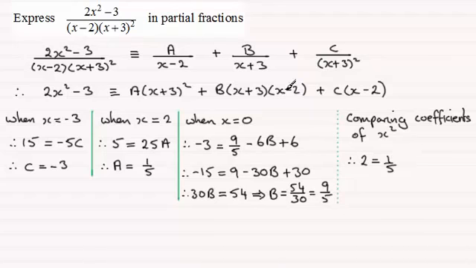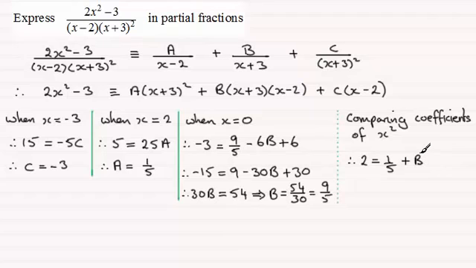When we expand these two brackets, we're going to have x times x, which is x squared. There'll be other terms as well, but not x squared terms. Multiply it with the b, so we just end up with b as being the coefficient of x squared. So that'll be plus b. As for this term here, there won't be any x squared term, just cx minus 2c. So we've got no coefficient of x squared.